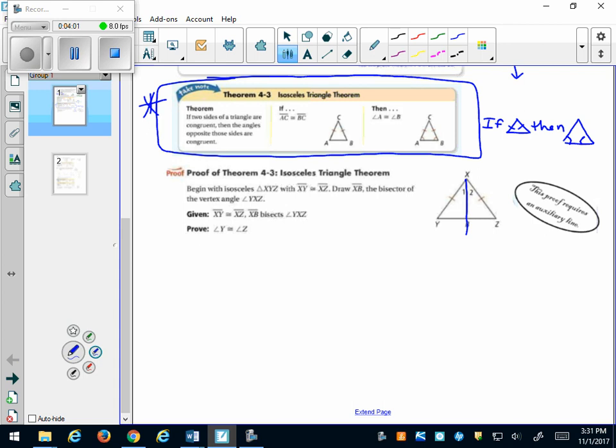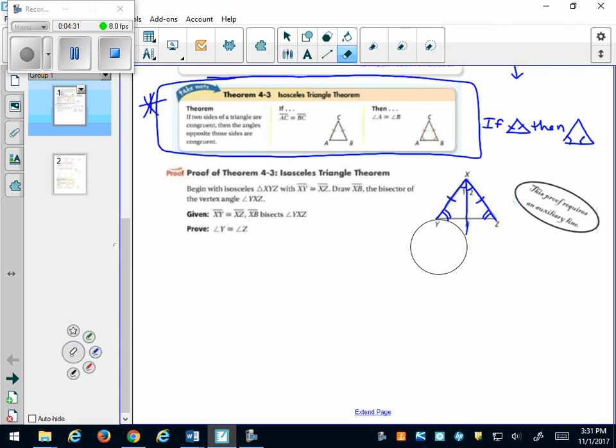We're given a triangle where XY is congruent to XZ, and this drawn-in auxiliary line, XB, is bisecting angle YXZ. So we can mark these two angles congruent. That's all given. We're trying to prove that this angle is congruent to this angle.